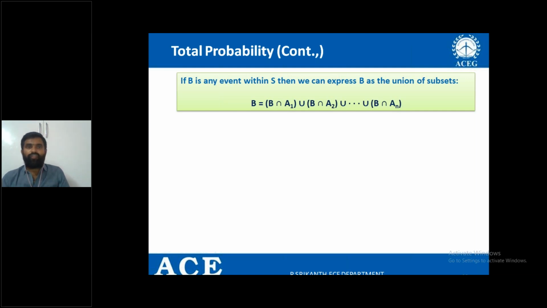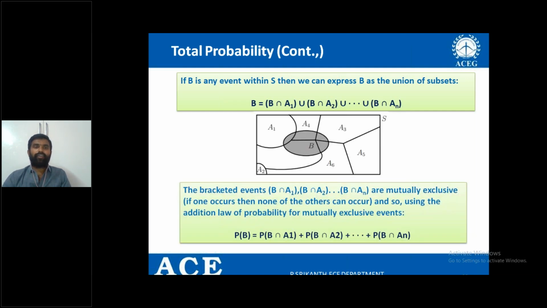So like that, we can take the event B as the intersection of B and A1, union, intersection of B and A2, union, and so on. Finally, what I can write is the probability of occurrence of that particular event is equal to the probability of occurrence of the joint probability of B and A1, plus the probability of occurrence of the joint probability of B and A2, and so on.